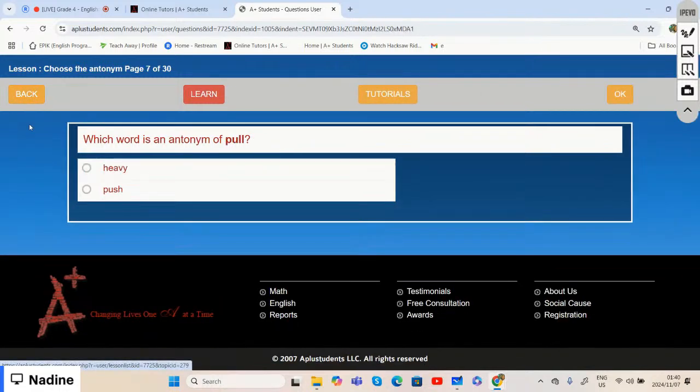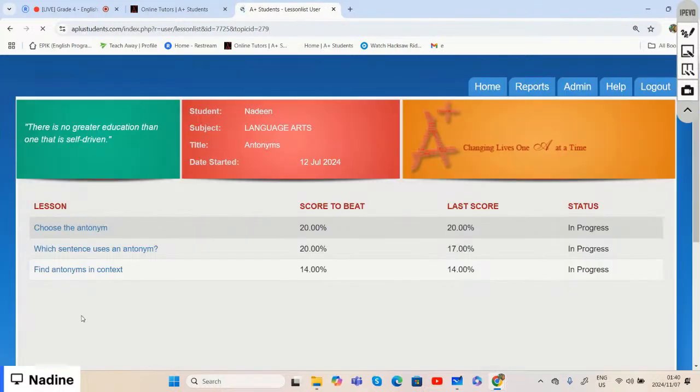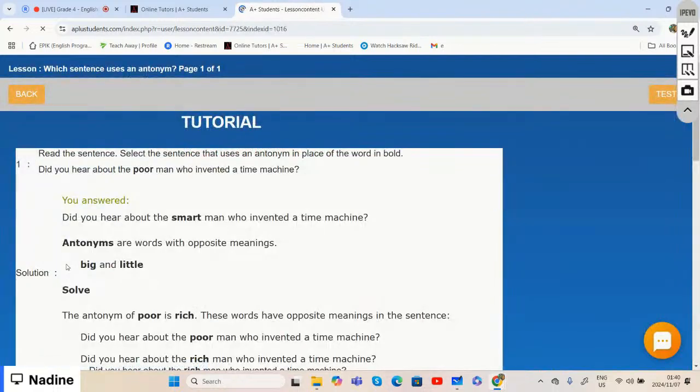All right. So now we're going to the next one, where we need to say which sentence uses an antonym. We need to choose the sentence that uses an antonym.